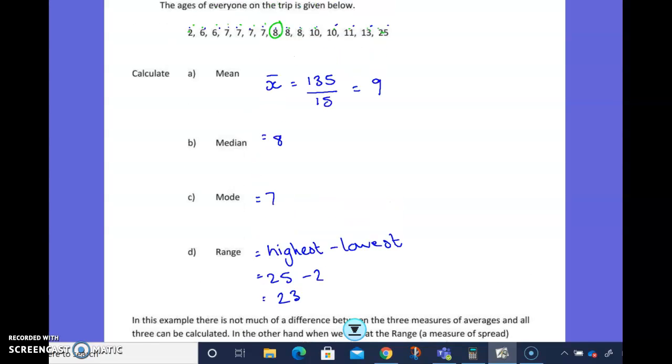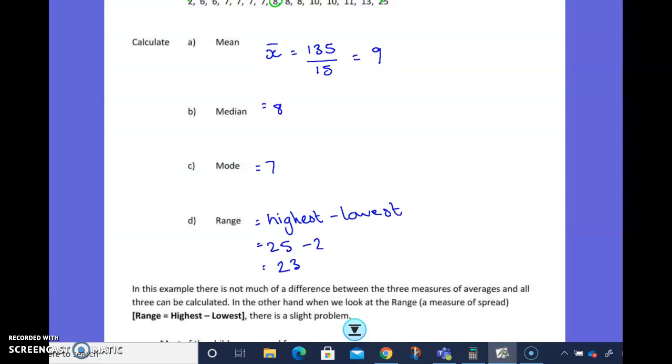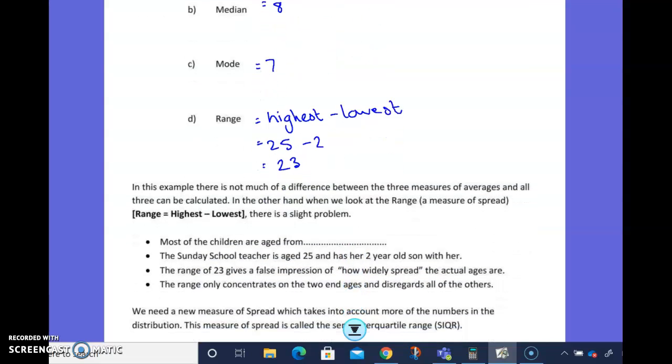If we look back at the data that we've got, if we ignore the first and the last number, it goes from 6 to 13. So the ages weren't actually overly spread out, but a range of 23 suggests that the range is really high.